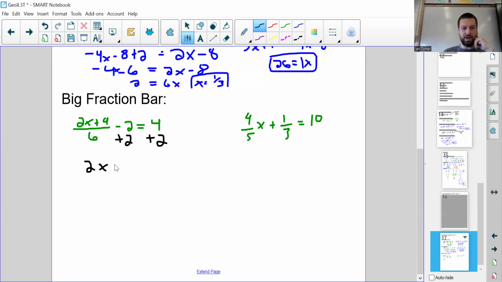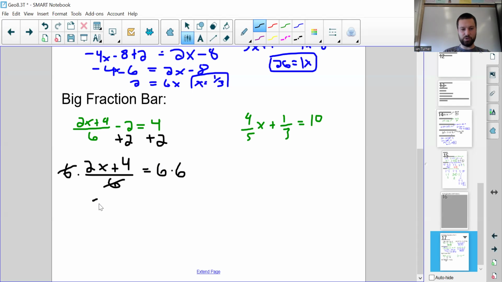And we end up with 2x plus 4 over 6 equals 6. Now we want to go ahead and get that 6 off the bottom. So now we're going to multiply both sides by 6. On the left side, they just cancel. That's why we're doing it, folks.